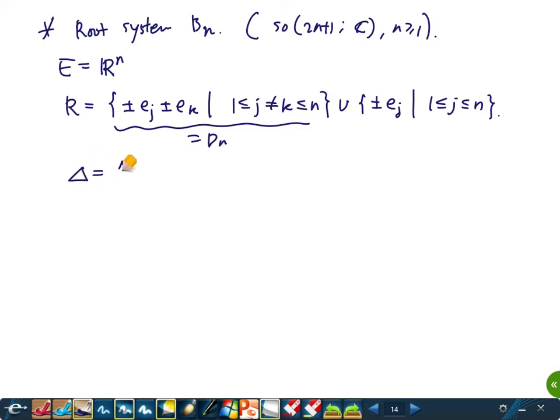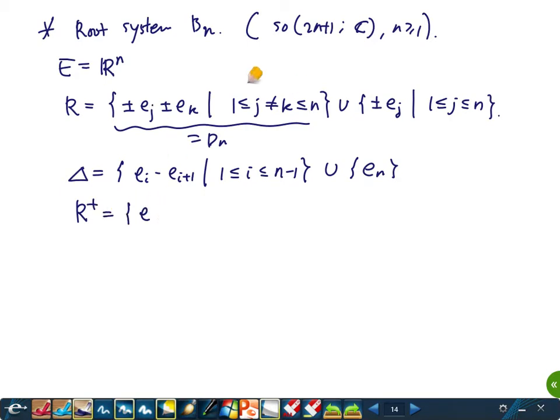Delta, we can pick in this way: it's like the delta in A_{n-1}, union e_n. We have one more. And R plus, in this case, is exactly the same as this, except we only choose plus for e_j.